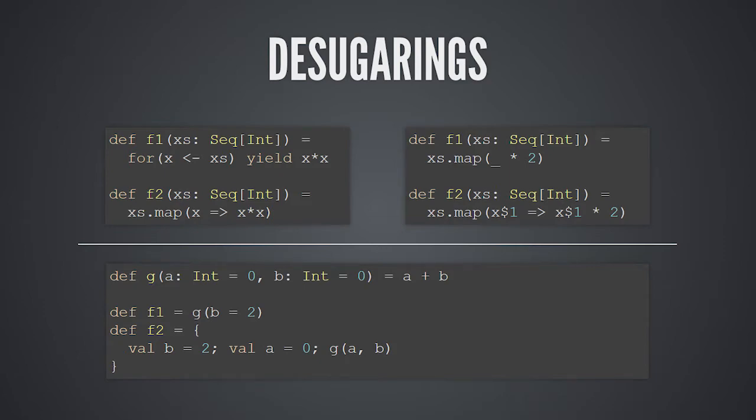But the abstract syntax tree we get from the presentation compiler actually looks more like the function f2, where we at first manually set a local value to b, then we manually set a local value a to the default value of the parameter a, and then we just call the function normally. And of course this also causes a lot of headaches to the refactoring library, since this basically forces the library to reparse parts of the source code to extract the otherwise missing information.